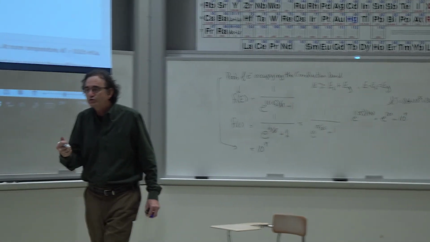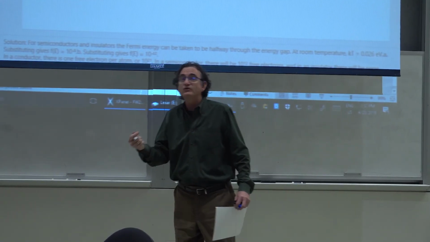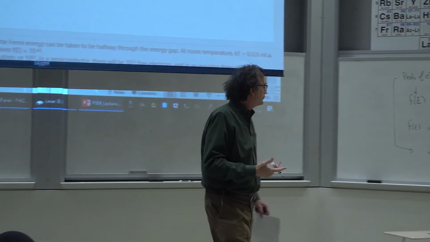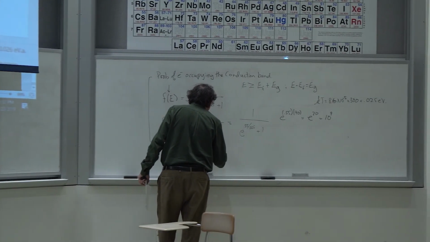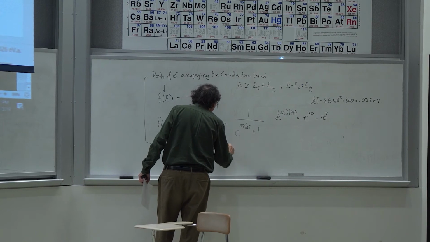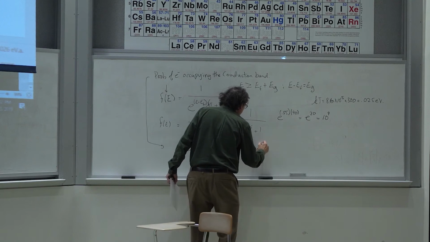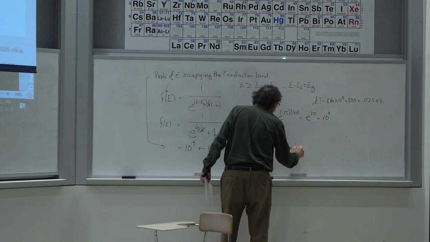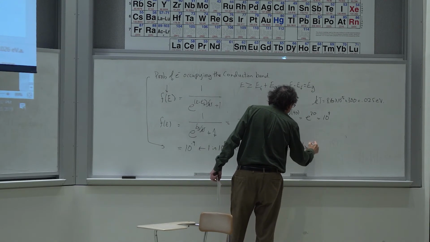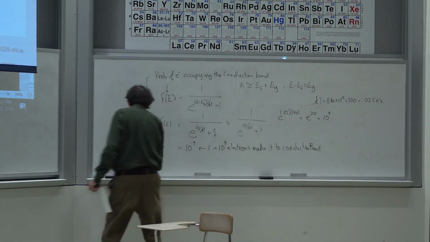Now, usually conductors have 1 or 2 electrons that are free to move in the sample. That's a typical number for a conductor, 1 or 2 electrons. Only 1 in 10 to the 9 electrons make it to the conduction band in a semiconductor. Okay?